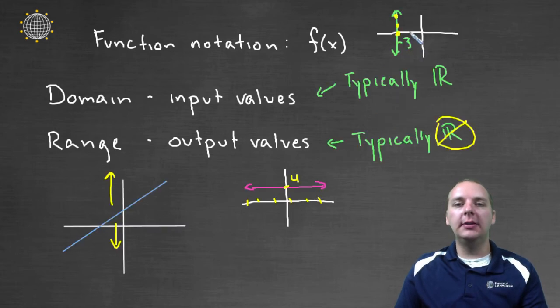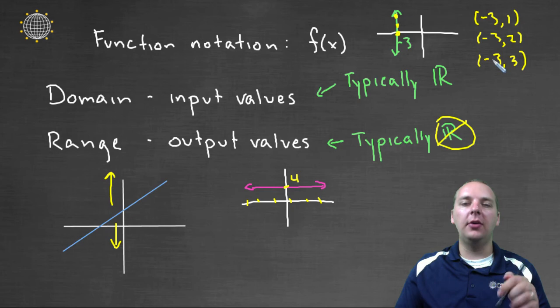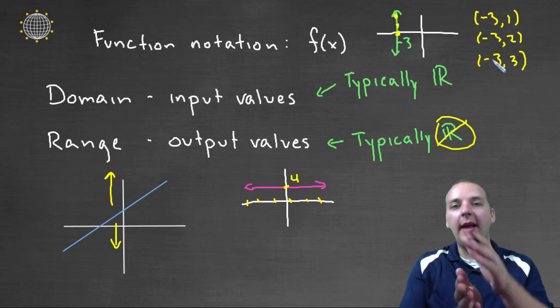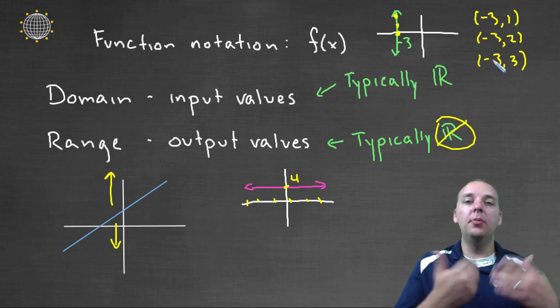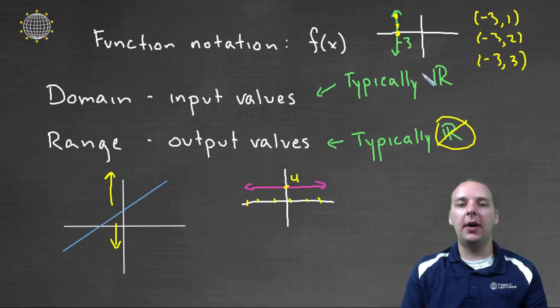List off some points on this vertical line right here. Maybe (-3, 1), and maybe (-3, 2), and maybe (-3, 3). Well, look at this. -3 is your input value, but yet we're sending it to 1 and 2 and 3. We're sending it to multiple output values, which is not allowed. Functions are supposed to assign at most one output value.